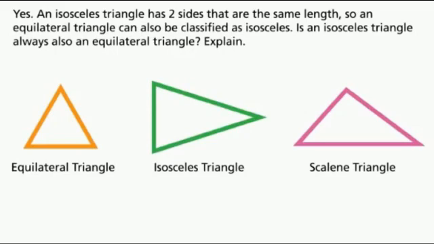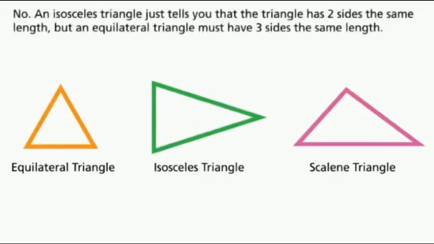Is an isosceles triangle always also an equilateral triangle? Explain. No. An isosceles triangle just tells you that the triangle has 2 sides the same length. But an equilateral triangle must have 3 sides the same length.